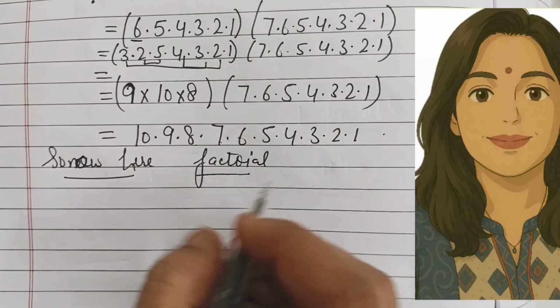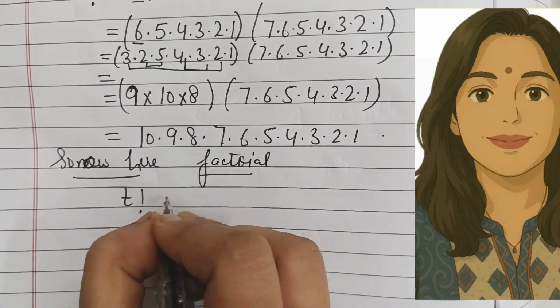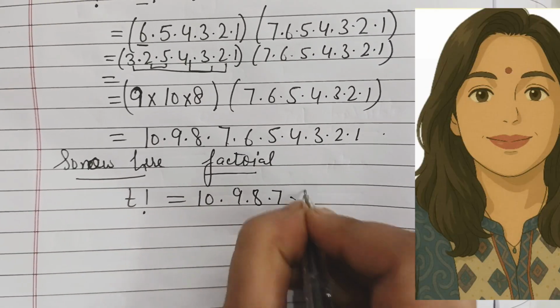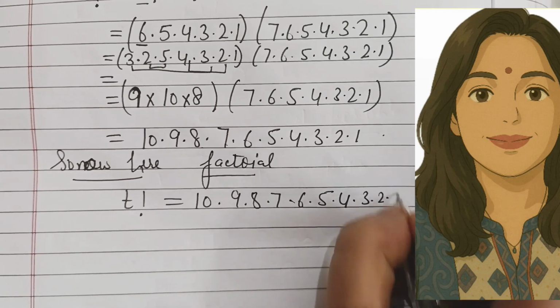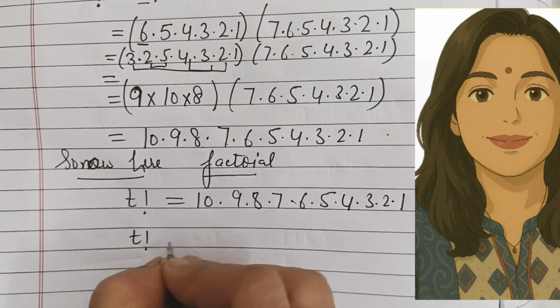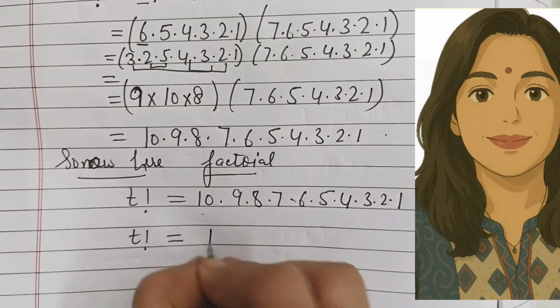So it becomes t factorial equals 10 into 9 into 8 into 7 into 6 into 5 into 4 into 3 into 2 into 1. So by the definition of factorial, it is 10 factorial.